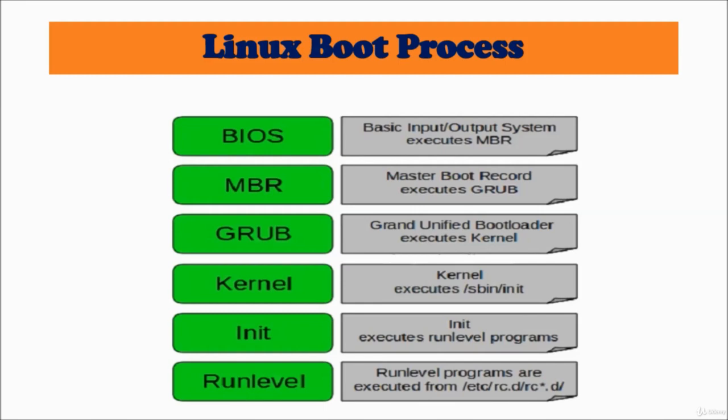If you want to boot your system in a different run level, there are 7 run levels: 0 for halt, 1 for single user mode, 2 for multi-user, 3 for full multi-user mode, 4 is unused, 5 is to boot the system in X11, and 6 is to reboot. These are the run levels defined inside the /etc/inittab file.